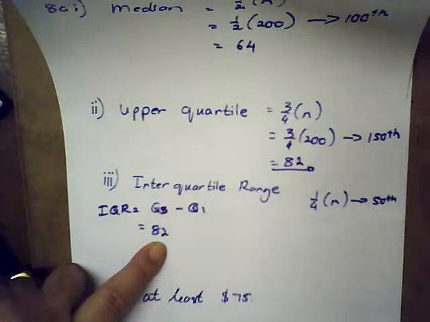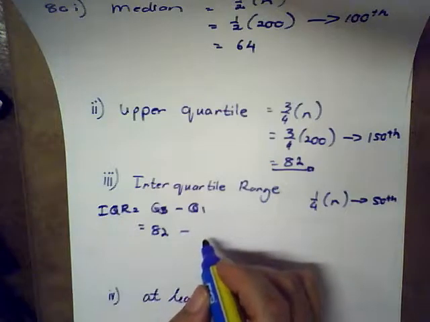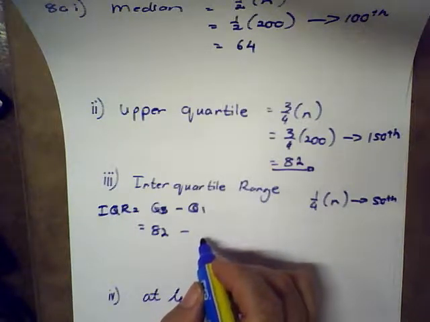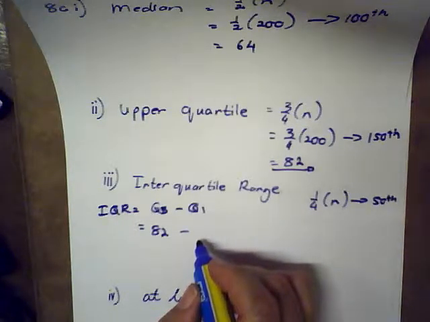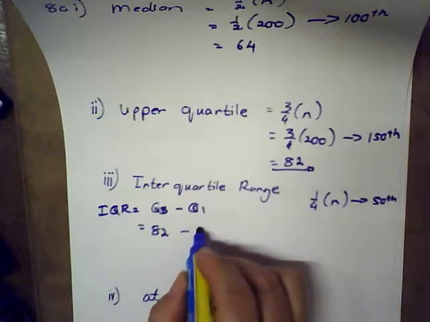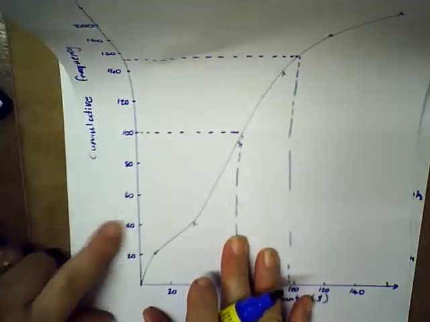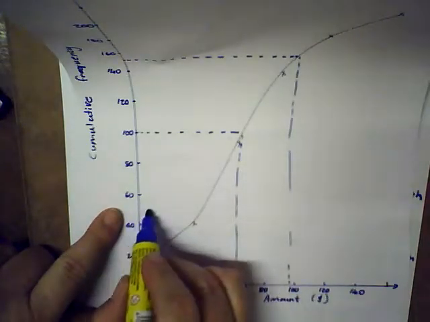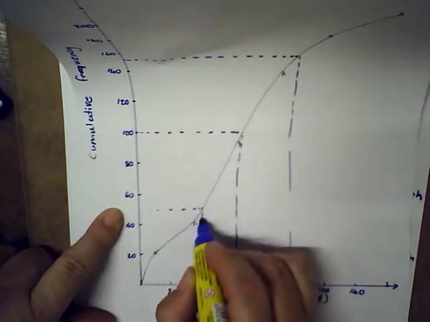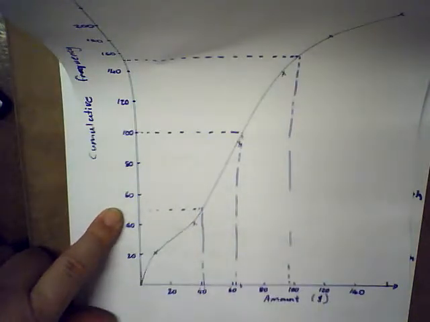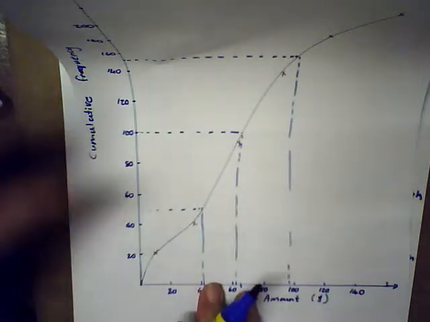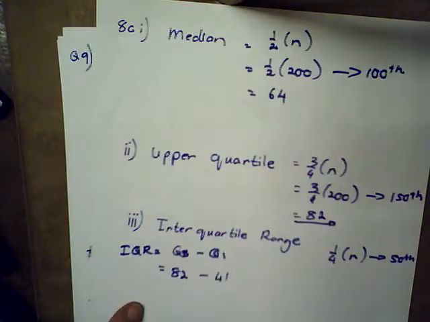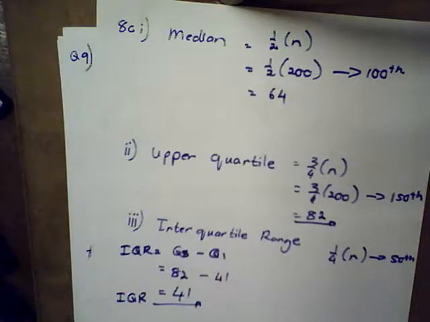If I read down what is my 50th number on my grid, I seem to find it's like 41, okay, but let's just double check there. 40, 50. Yeah, it seems like it's right, about 41, okay, and I do the calculation. That would give me 41 as an answer for my interquartile range.